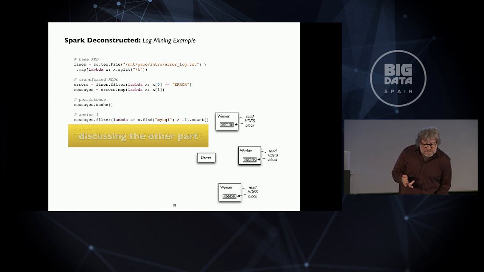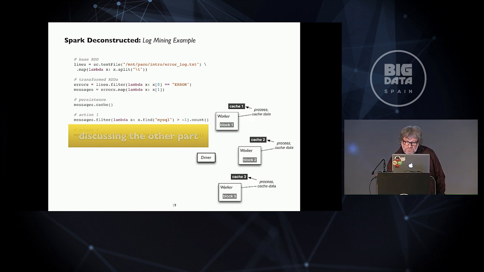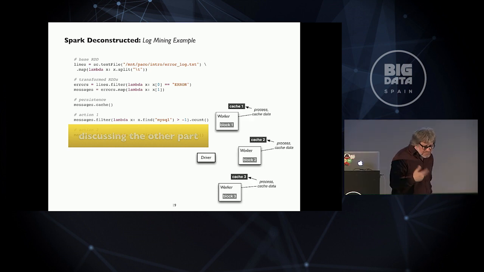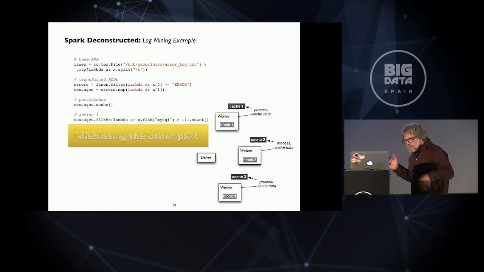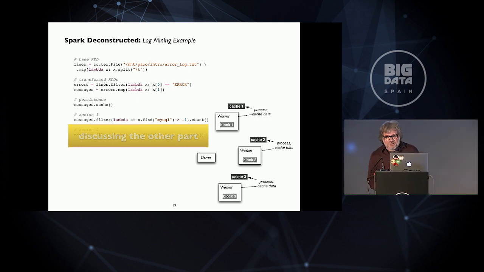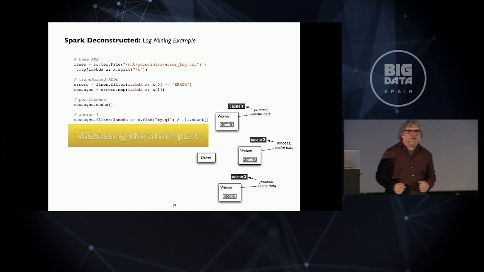The first task is read your data in from your local partition. And then from there, it starts to process, right? We do some filter lines there, we do some maps, et cetera. Each worker has some memory, and it's going to try to persist its slice of the results. It'll save those results in memory in the cache.